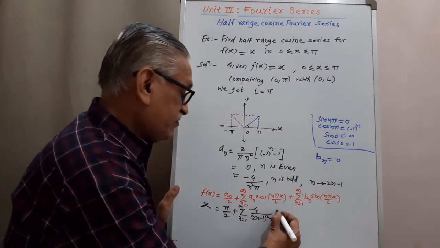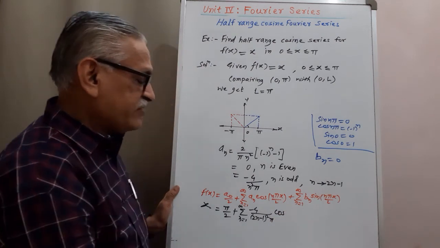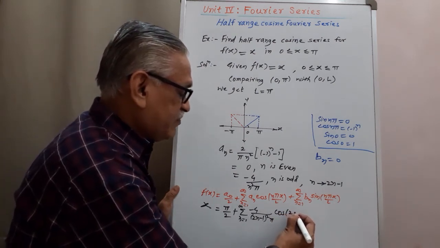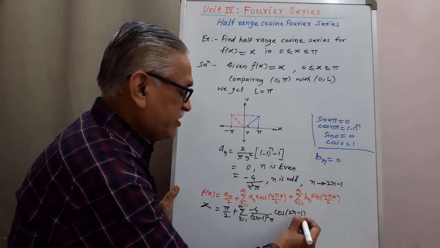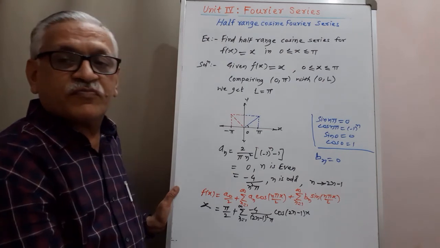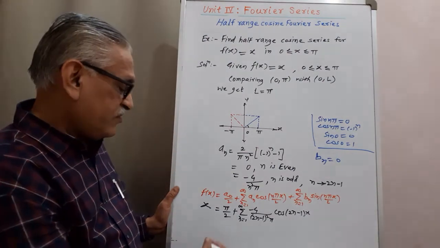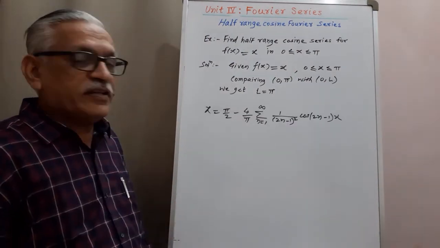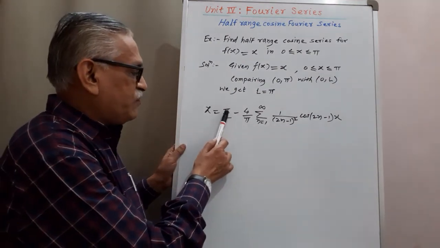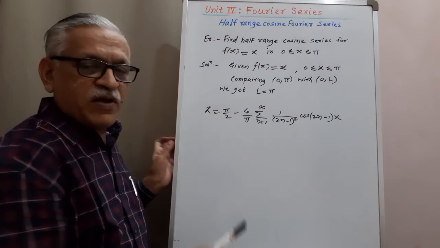into cos of nx. n is again replaced by 2n minus 1 times x, and bn is 0, and therefore we get the final answer, the final Fourier series as x is equal to pi by 2 minus 4 by pi.